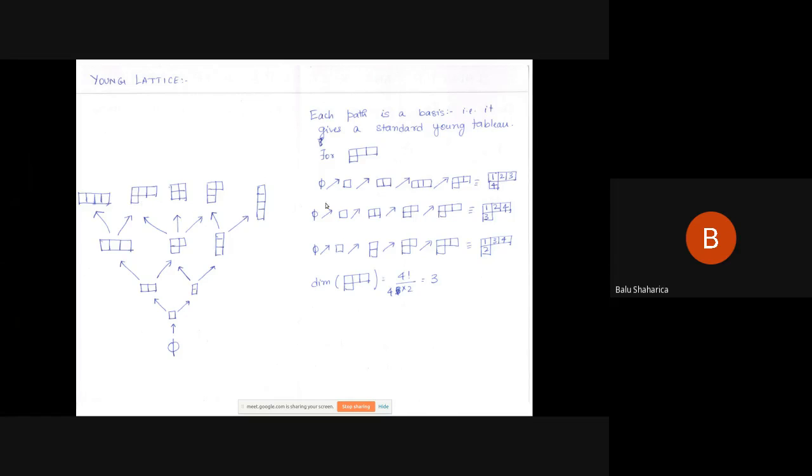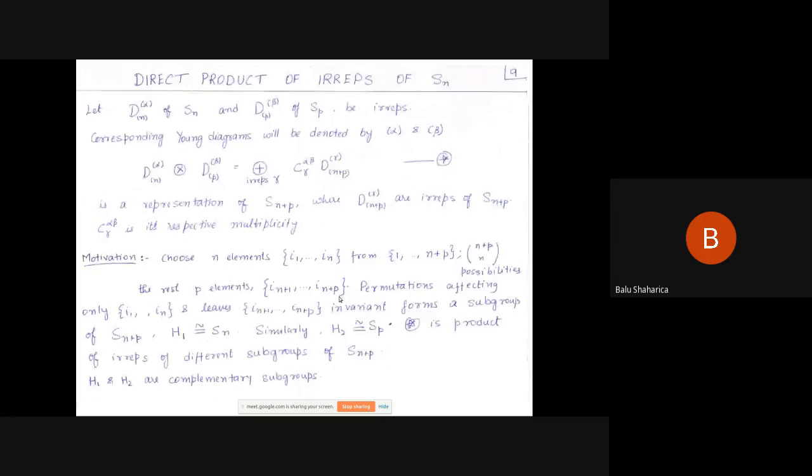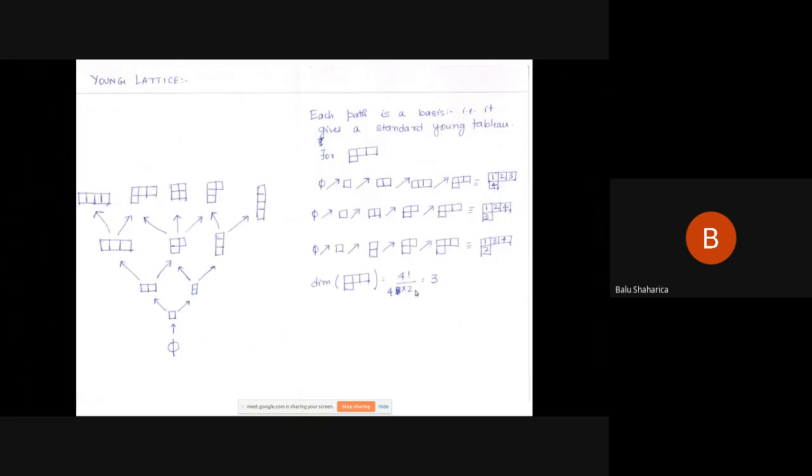So I've written those three paths, and those give me all the standard Young tableaux. Since this is the basis, the dimension of this irrep should be 3, and we get 3 paths. So we can use the Young lattice to find out the dimension as well.